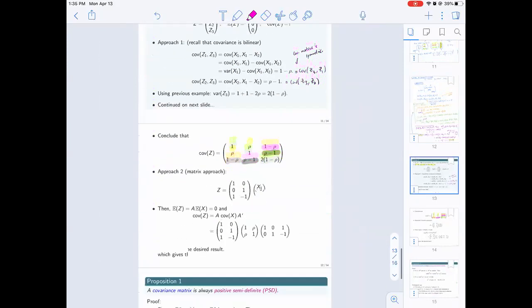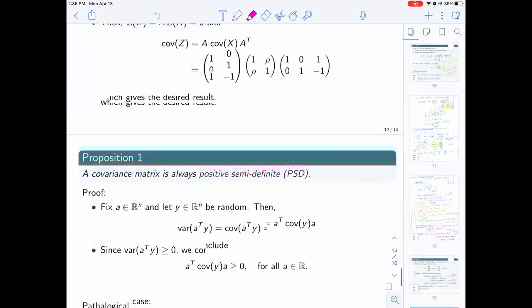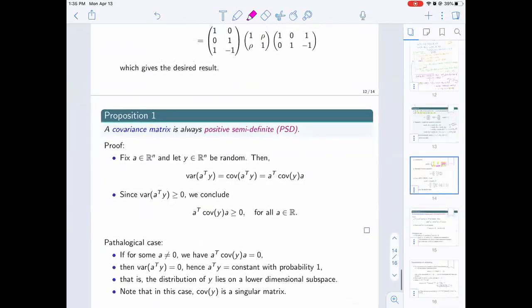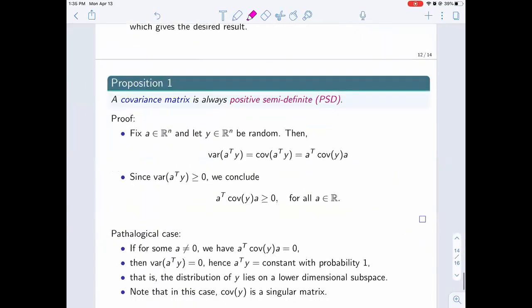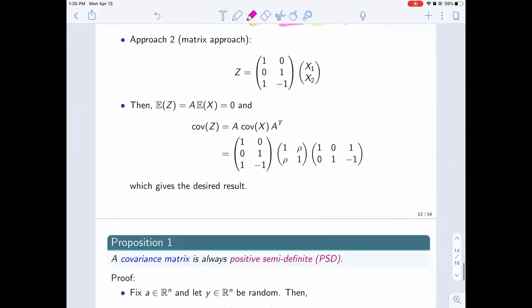Okay, seems not. So let's move on to another piece of information about the covariance matrix. This proposition is another interesting fact about covariance matrices, and it just says that covariance matrices are positive semi-definite. Do you remember what positive semi-definite meant? What does it mean? This proposition says that any covariance matrix is always positive semi-definite. All eigenvalues greater than or equal to 0. Yes, that's one of the equivalent characterizations.